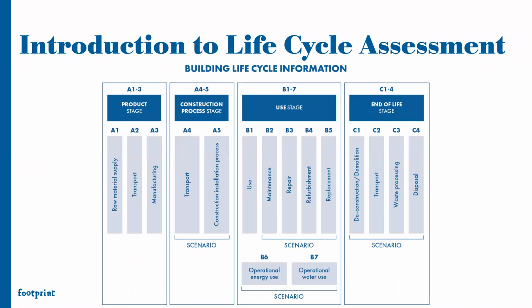To dive a little bit deeper into some terminology, and don't worry, there won't be a quiz after this. When we look at life cycle assessment, there are a number of different life cycle stages that we would look at. As I mentioned before, we talk about the products that make up a building. The A1 through A3 life cycle stage is really where we're looking at the products.